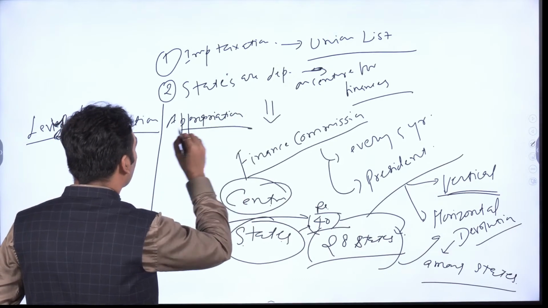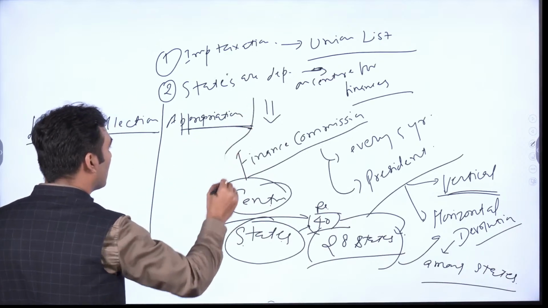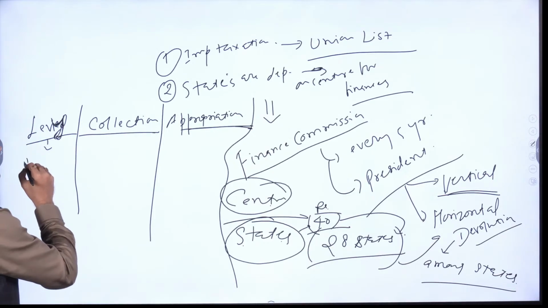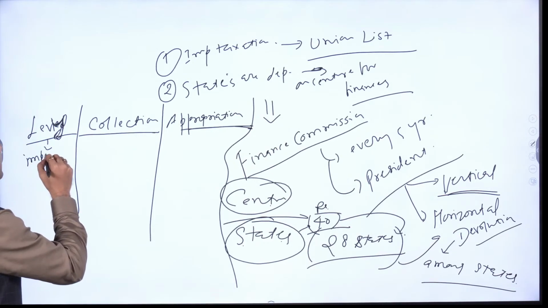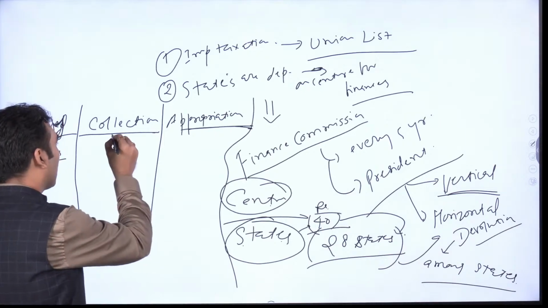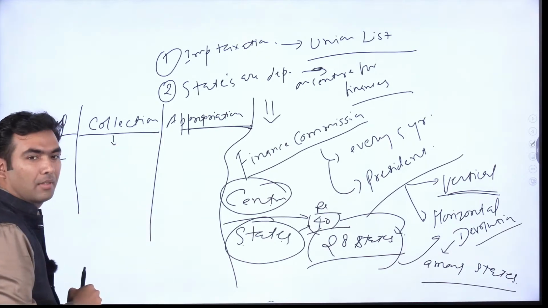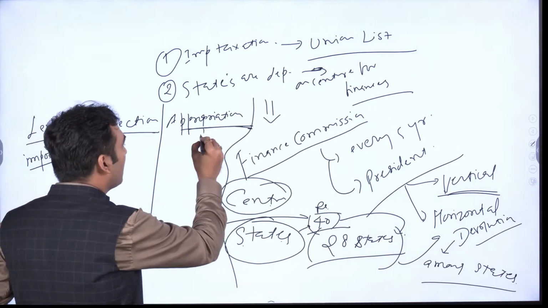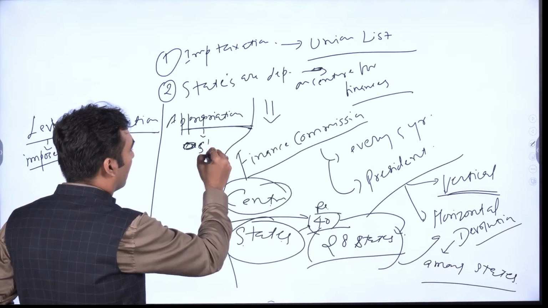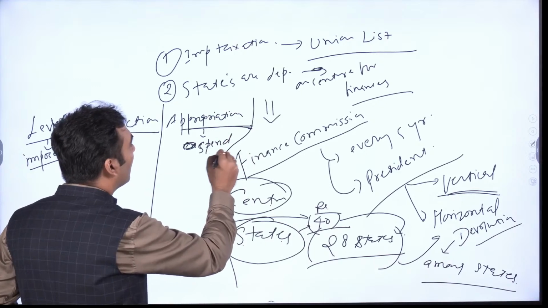These are the three terms used in our constitution that we need to understand. Levy means who imposes the tax, whether it is the central government that imposes a tax. Collection means physical collection, who will collect the tax. Appropriation means who will get to spend this money, who will keep this money.